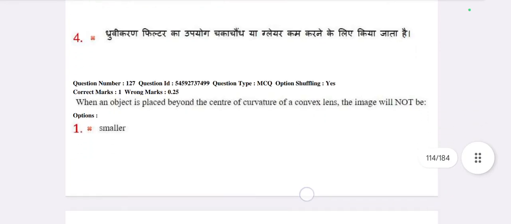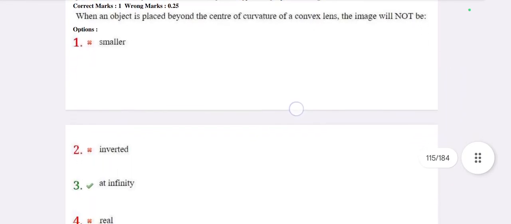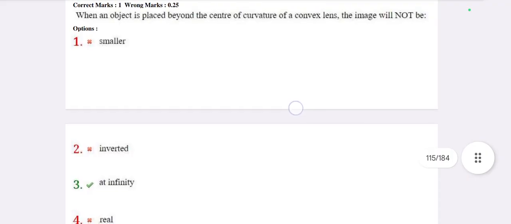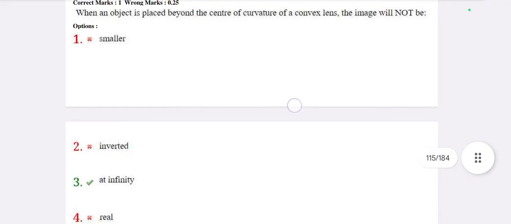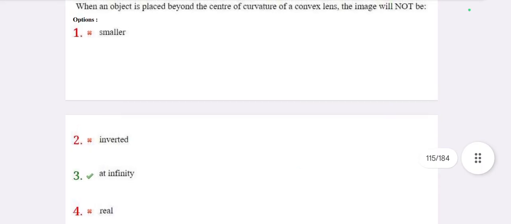Next question is, when an object is placed beyond the center of curvature of a convex lens, the image will not be smaller, inverted, at infinity, or real. Correct answer is at infinity.